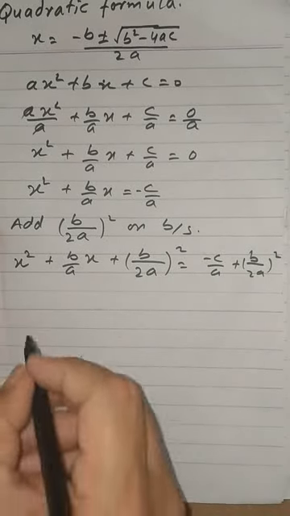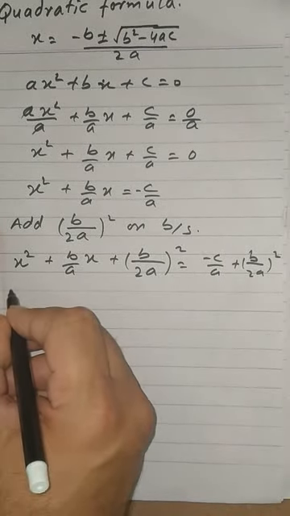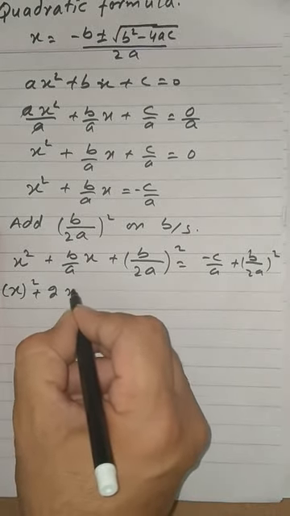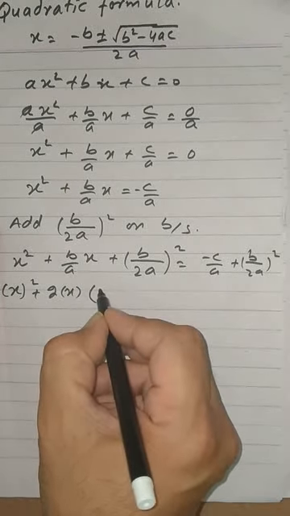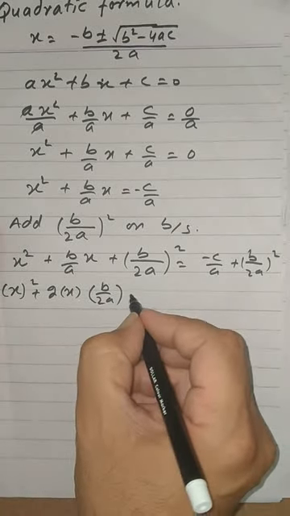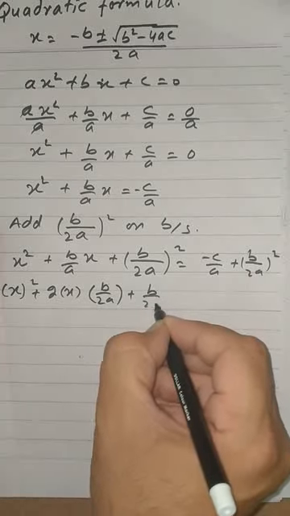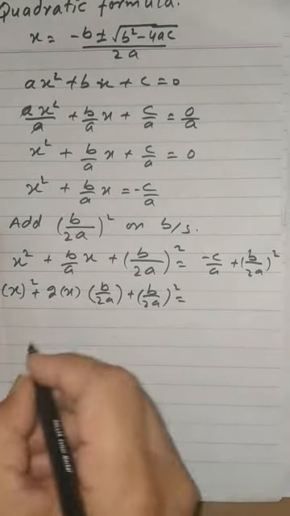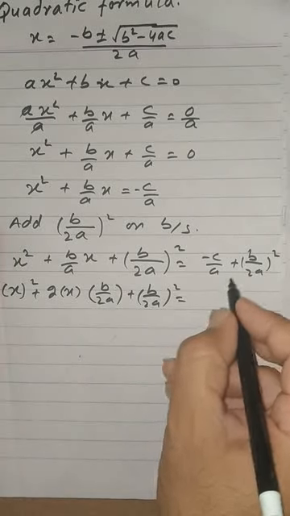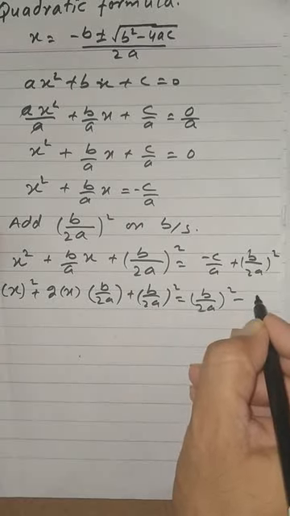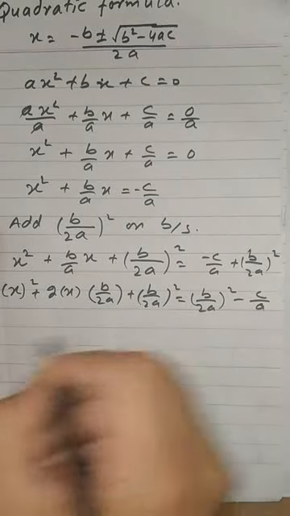Now we can write it like this: x whole square plus 2 times x into b divided by 2a plus b divided by 2a whole square equals, similarly we can write this b by 2a whole square minus c by a.